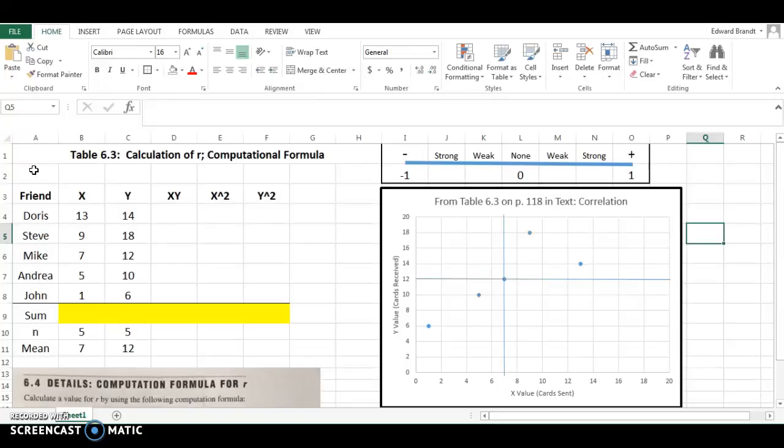If it's a negative correlation, as one value increases, the other one decreases. The other measure is just how strong that relationship is. You might have two sets of data that both are positively related, meaning as one value goes up, so does the other, but there might be a strength value to it.